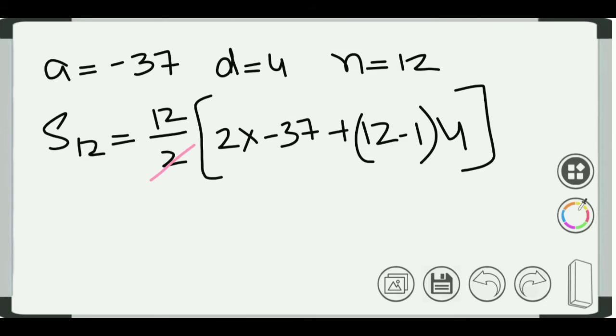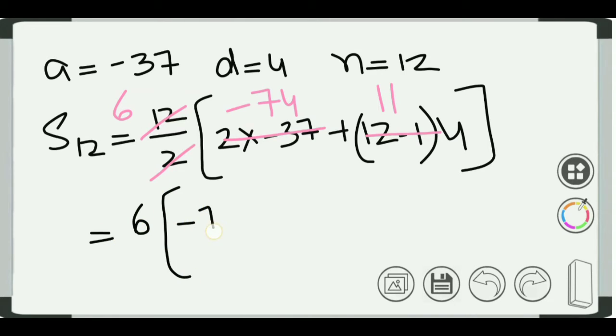Now 12 by 2 is 6. 37 into 2 is minus 74. 12 minus 1 is 11. So you can write 6 into minus 74 plus 11 into 4.